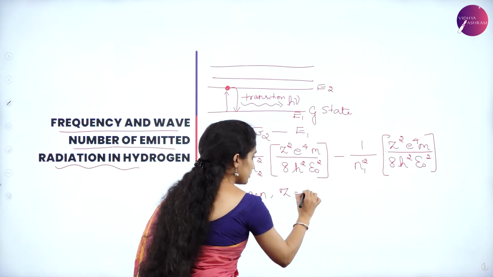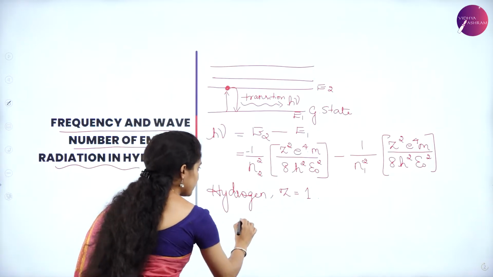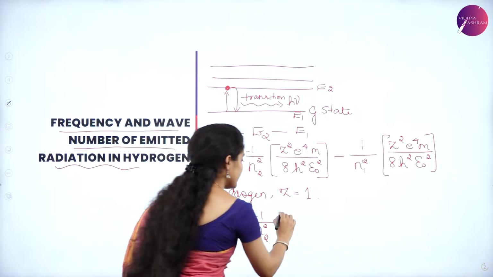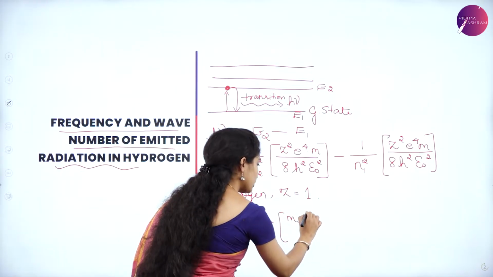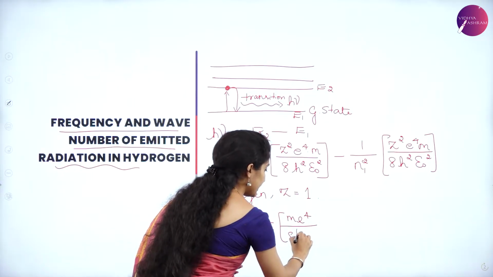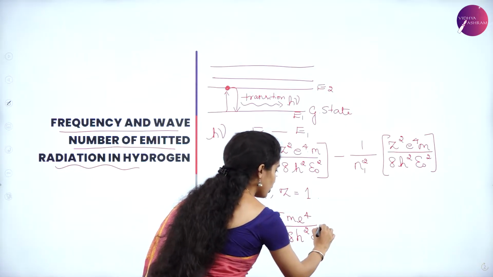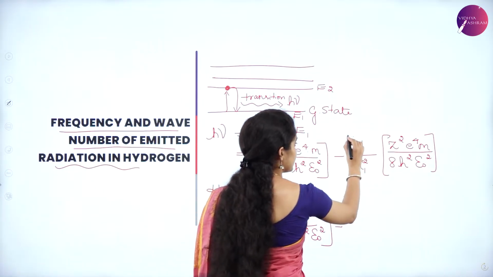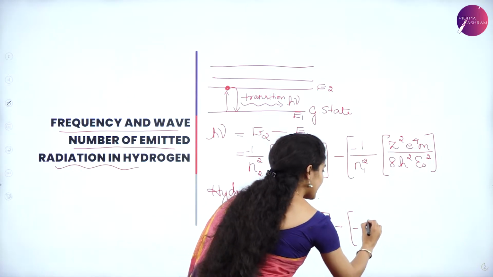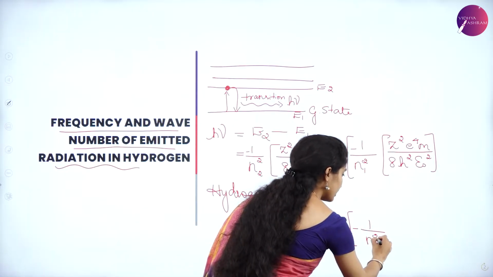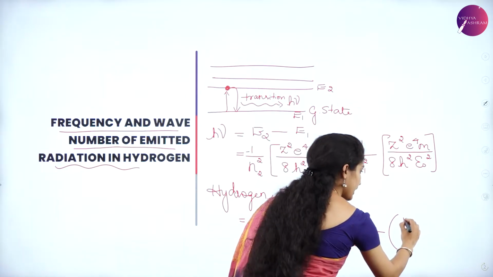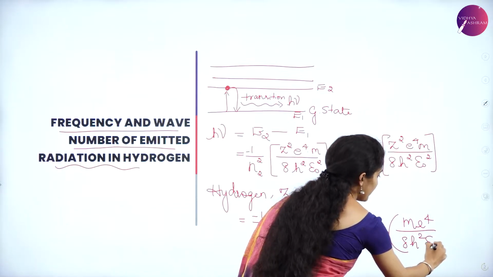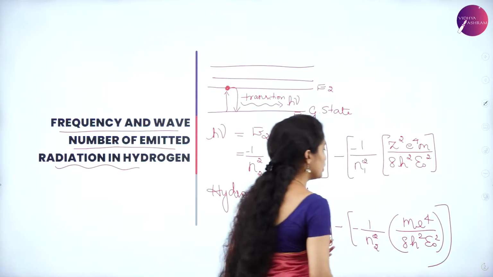So Z becomes 1. So the equation becomes minus 1 by n2 square into m e to the power of 4 divided by 8 h square epsilon naught square, into minus of, this should be minus 1 by n1 square into m e to the power of 4 divided by 8 h square epsilon naught square, and bracket close.